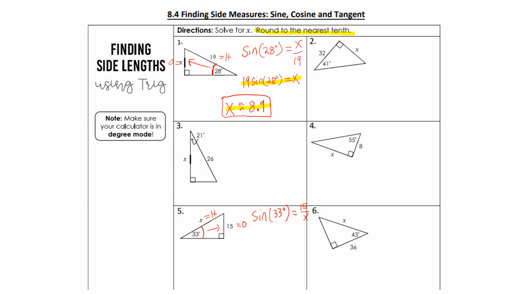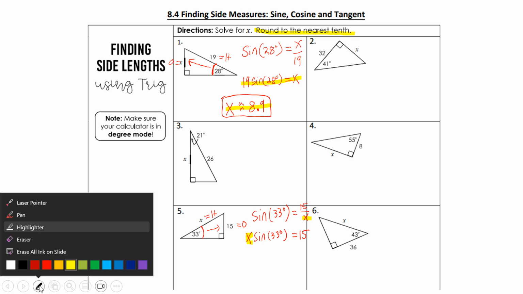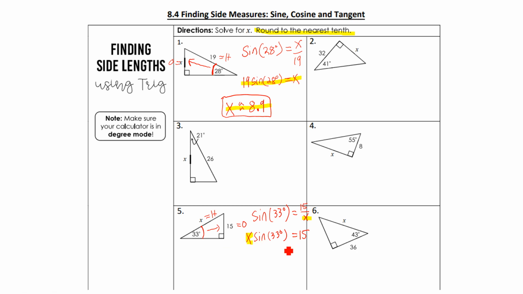So I'm trying to isolate x, to find out what x is. Well, sine of 33 is just a number. If I had said something like, if 3x equals 15, what is x?